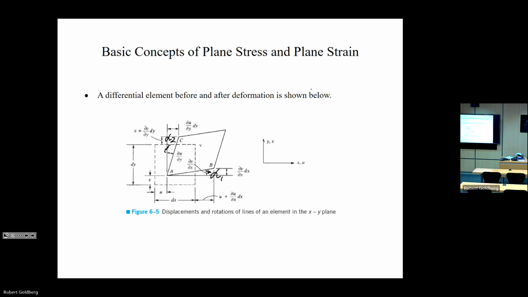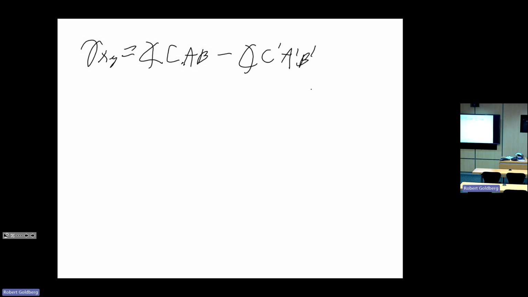AB and AC. So what we do is that the engineering shear strain is defined as the angle CAB minus the angle C prime A prime B prime, where the primes represent after deformation.